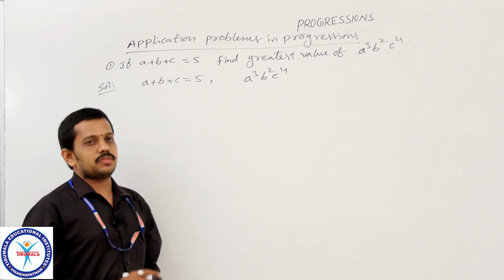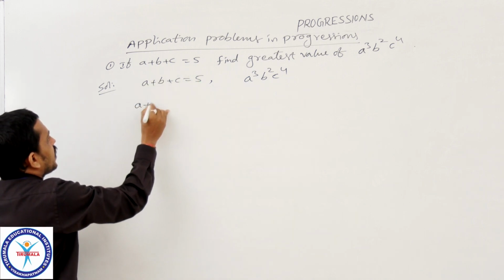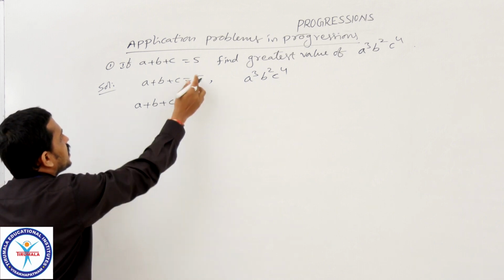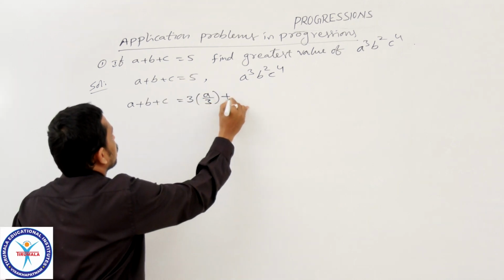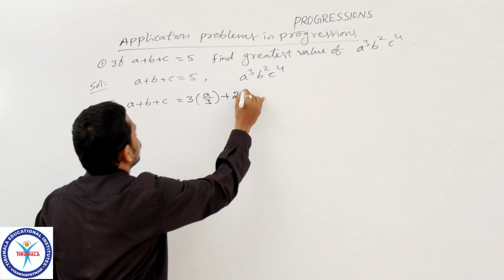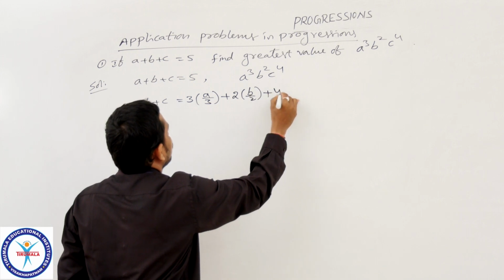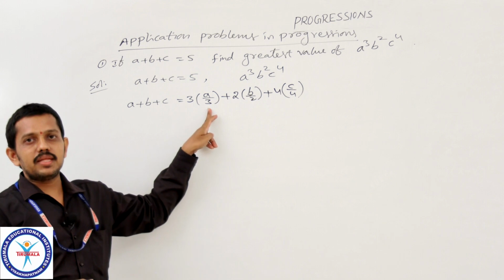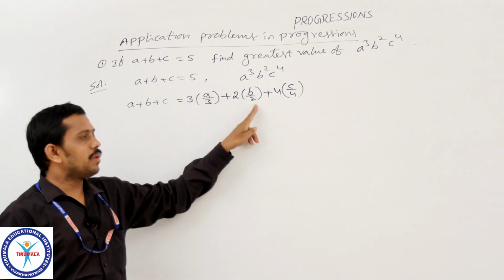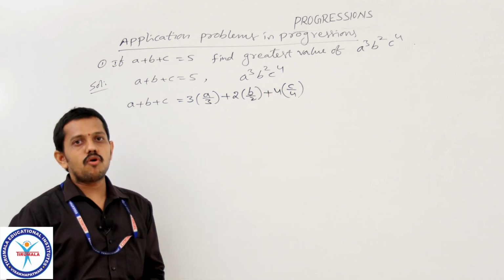Here what are the terms? To get the terms, here how we can write a plus b plus c is equal to 3 into a by 3 plus 2 into b by 2 plus 4 into c by 4. Means here a by 3 added 3 times, b by 2 added 2 times and c by 4 added 4 times.